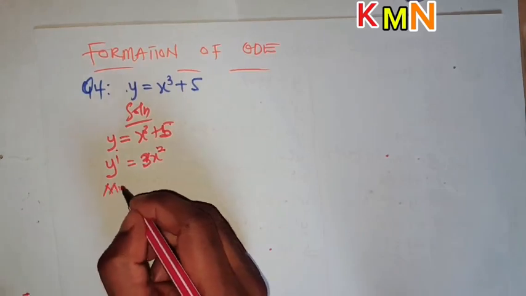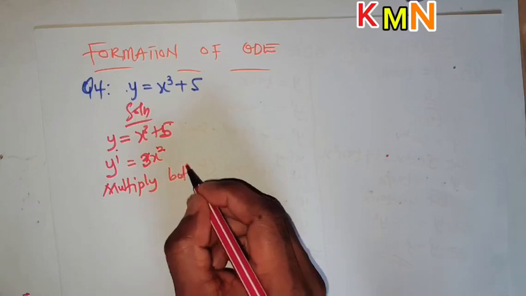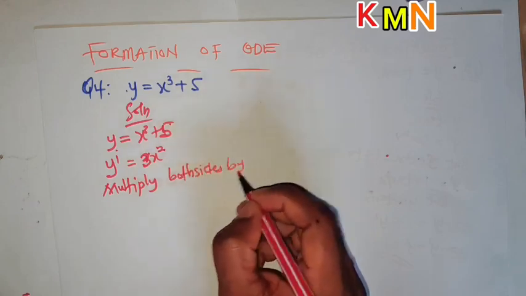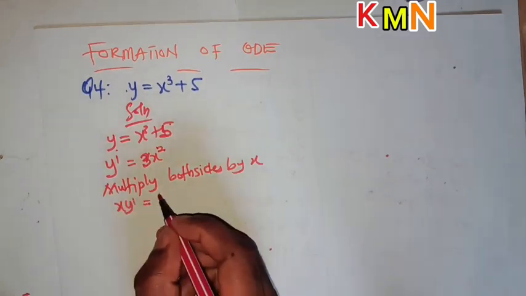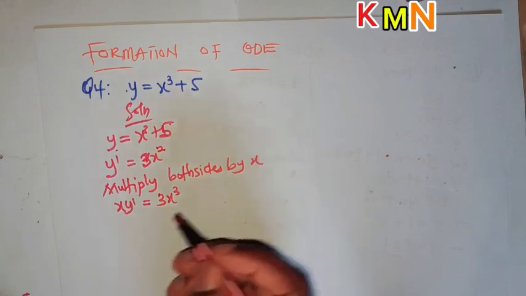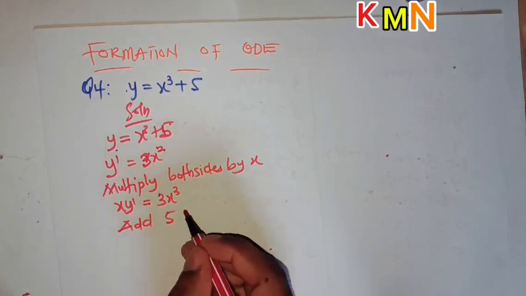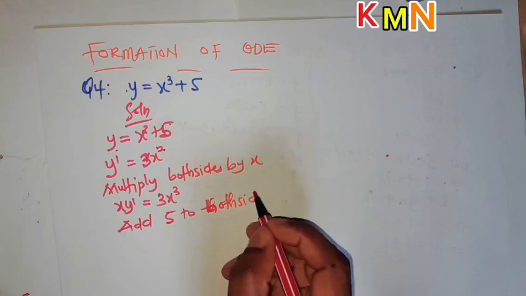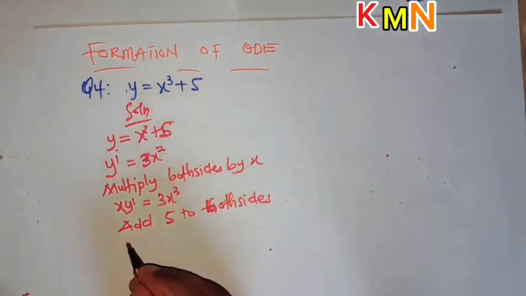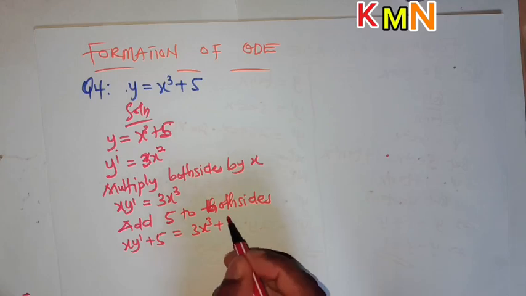So multiplying both sides by x gives us xy prime is equal to 3x cubed. And again, add 5 to both sides just to achieve this. If I add 5 to both sides, I get xy prime plus 5 is equal to 3x cubed plus 5.